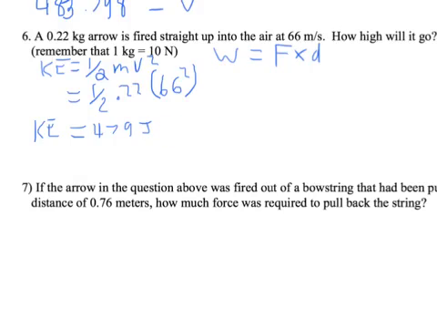So I'm going to take this value here and put it up here. So let's try this. Then I have 479 equals, now I've got to be careful, here's why units are everything. Force is measured in newtons, and what I was given was the mass in kilograms, but I was told, don't forget, 1 kilogram on Earth at least equals roughly 10 newtons, so I'm simply going to convert. So let's see how I do that.